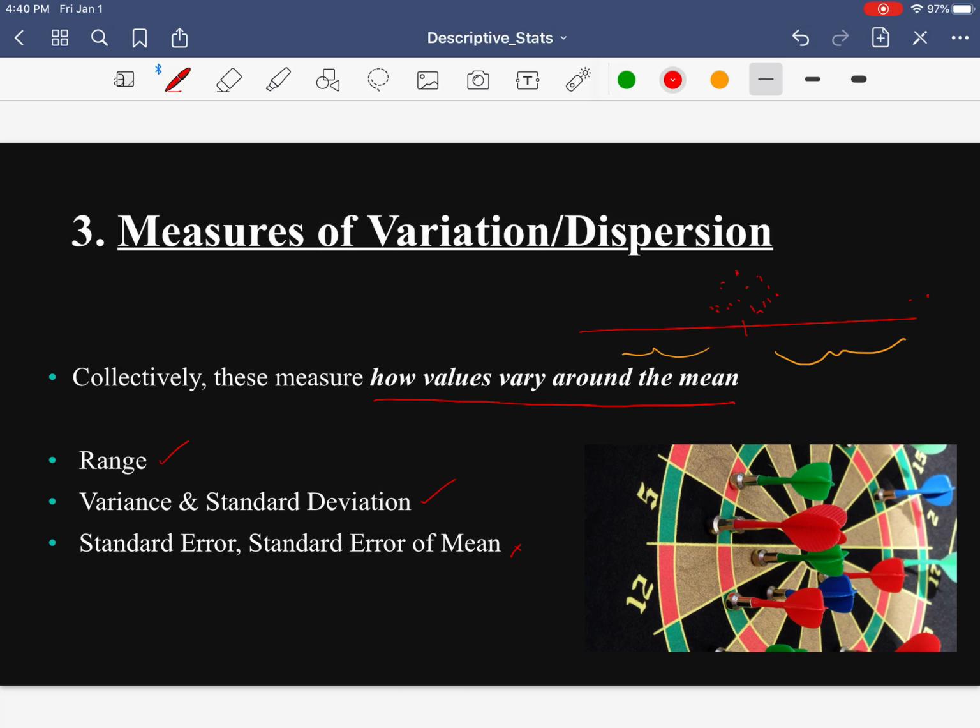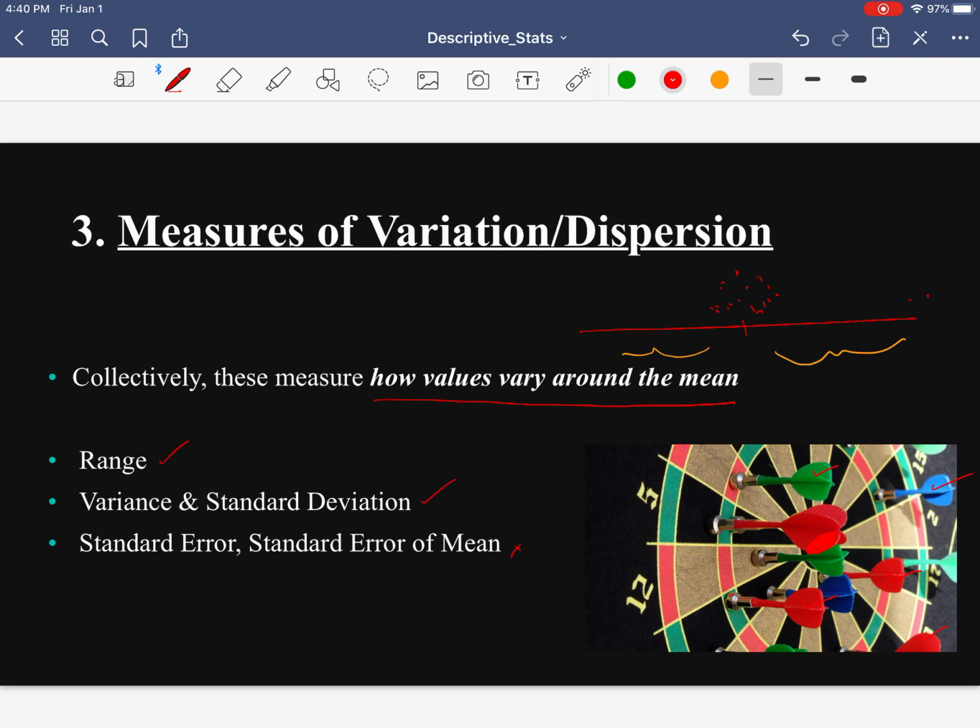So think about a dartboard. If the target is our mean, any measure of variation is going to tell us where all the other darts are. Are most of the darts clustered around the mean? Are they towards the target? Maybe a really good dart thrower? Not me.